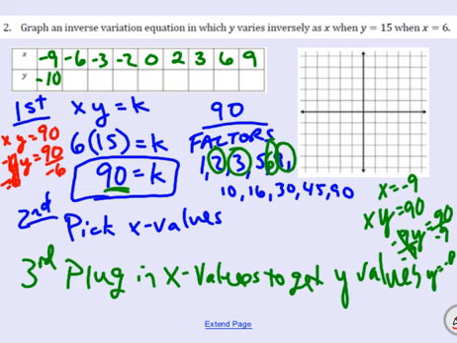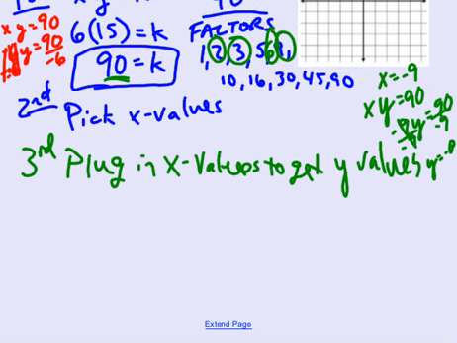Cancel negative 6. 90 divided by negative 6 is negative 15. So I'll go back to green, negative 15. And then it was negative 3 and negative 30. So negative 3 times negative 30 is a positive 90. So that's how I'm getting those. Negative 2 times a negative 45 is going to be 90.